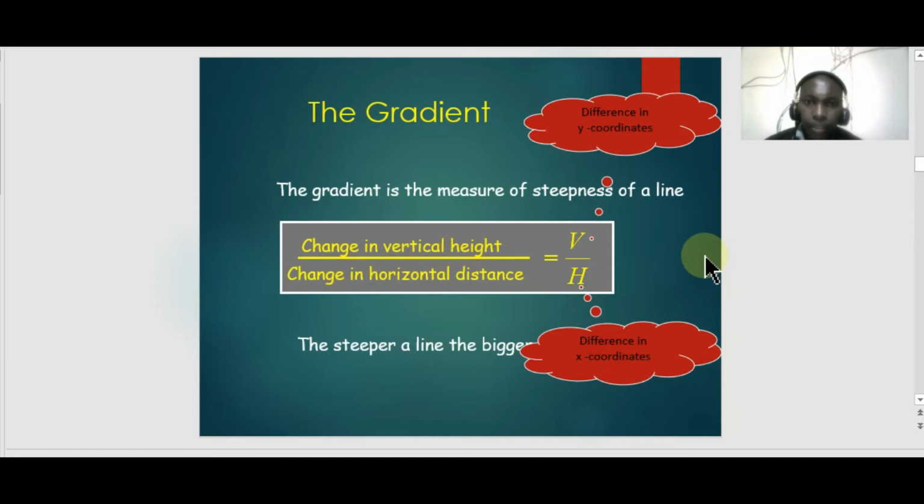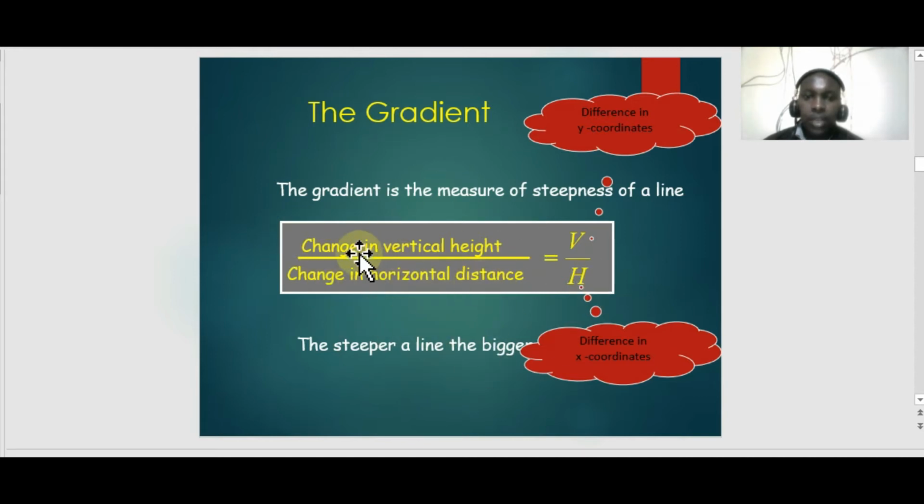So we're still in gradient. This is the formula. The gradient is the measure of steepness of a line. That is the definition. As I've said, gradient is like a slope. It is the measure of the steepness of a line. How steep is that line? That is what we refer to as the gradient. Now, for us to get gradient, these are important notes that we need to understand of the formula.